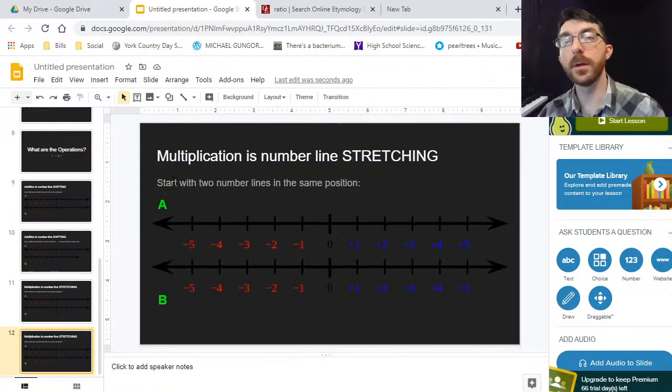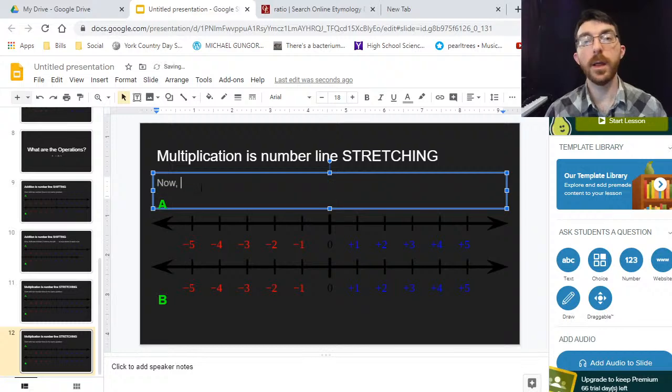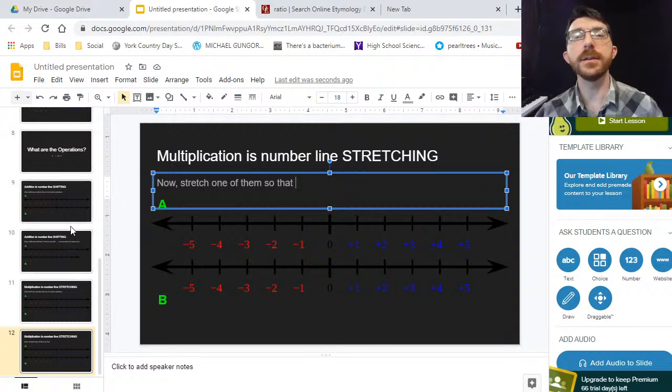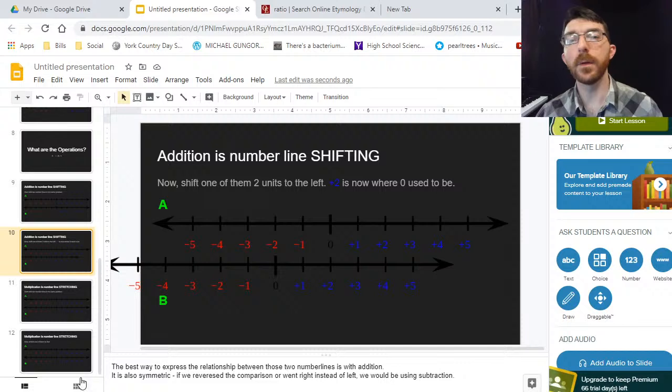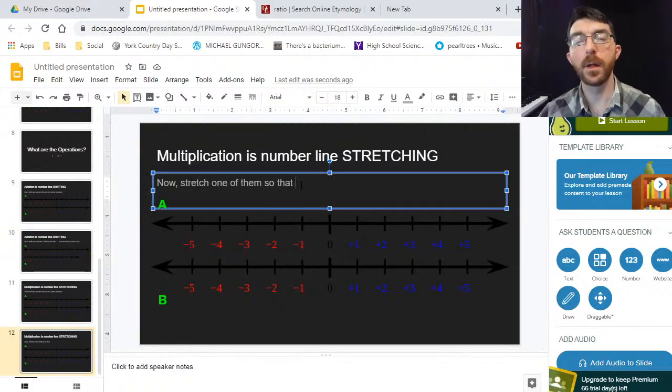Alright, now shift one of them to, alright. Now stretch one of them so that how did I phrase that first one? Okay. So that 2 number integers line up again.